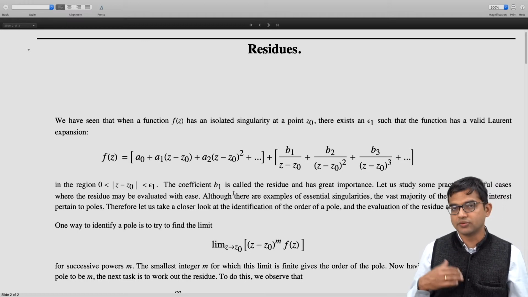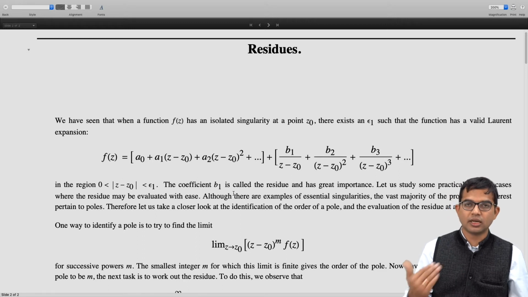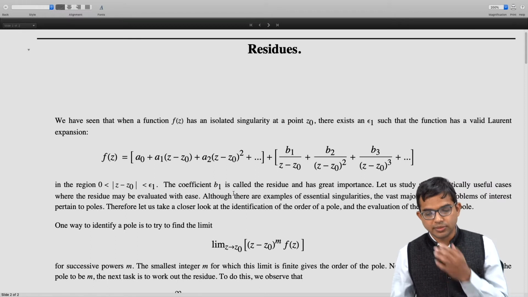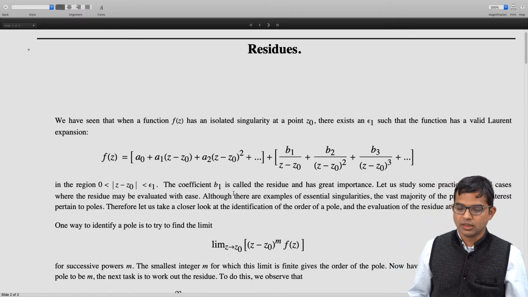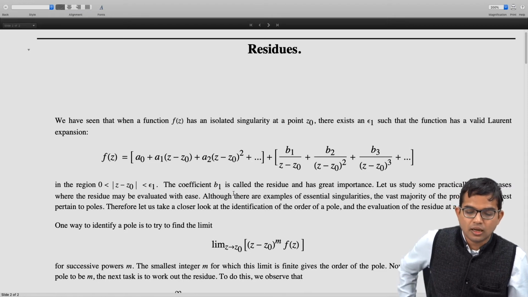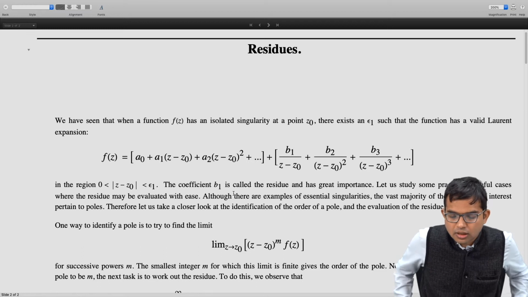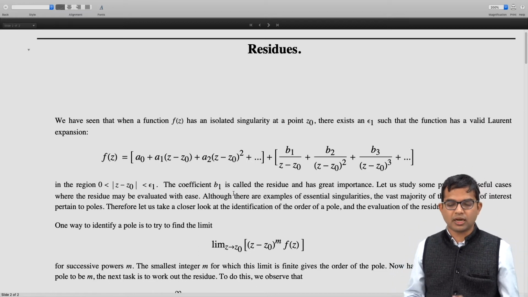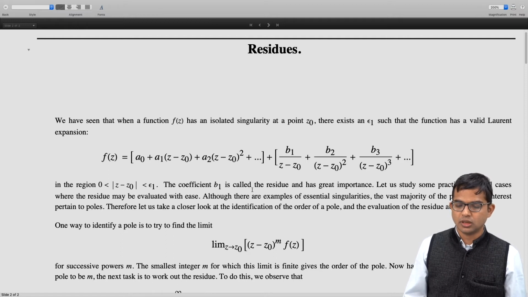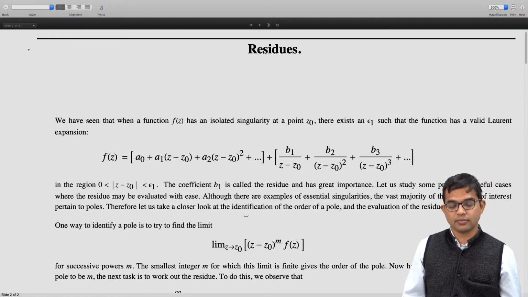Even if this limit does not exist, go to the next order and so on. The smallest integer m for which this limit is finite is the order of the pole. This trial and error method is often quite a practical way to work out the order of a pole.